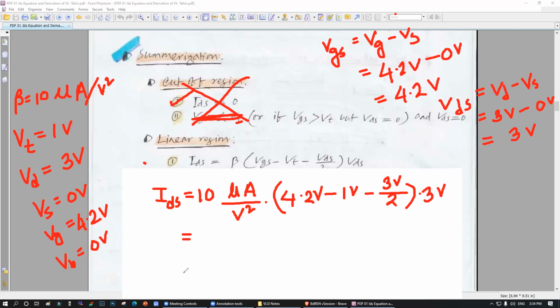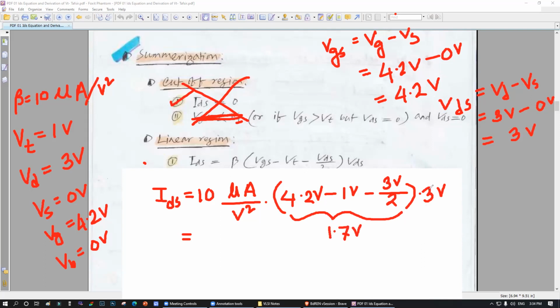So how much is this? If I use the calculator, 4.2 minus 1 is 3.2, minus 3 by 2, that means 1.5. So how much is this? 1.7, right? This gives us 1.7.